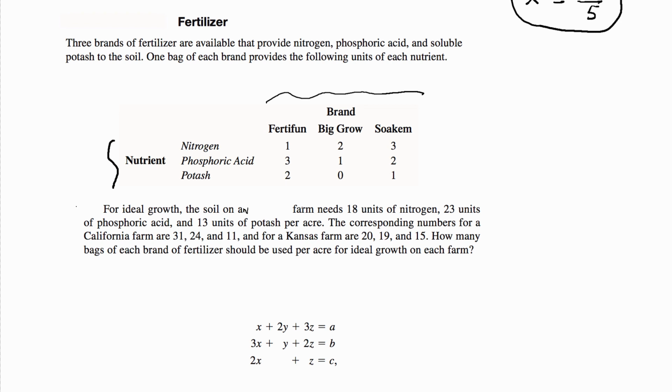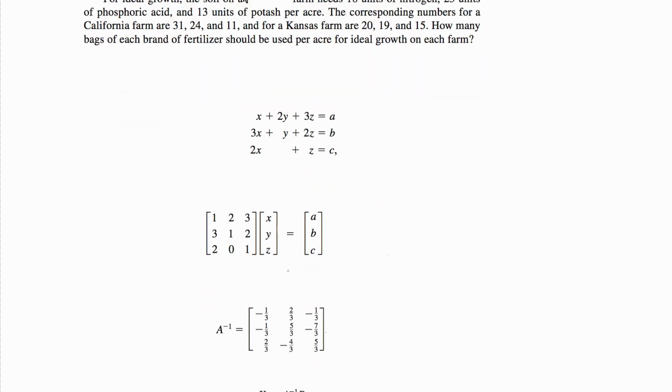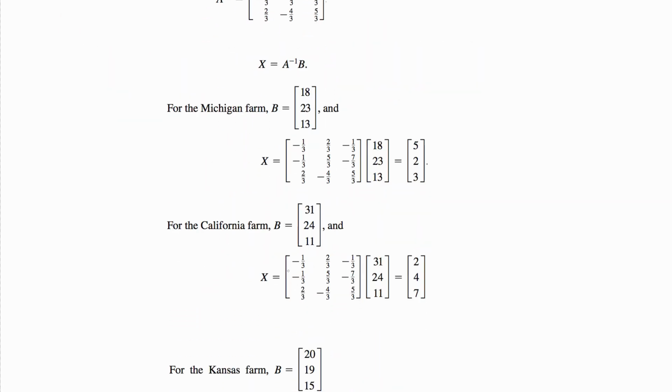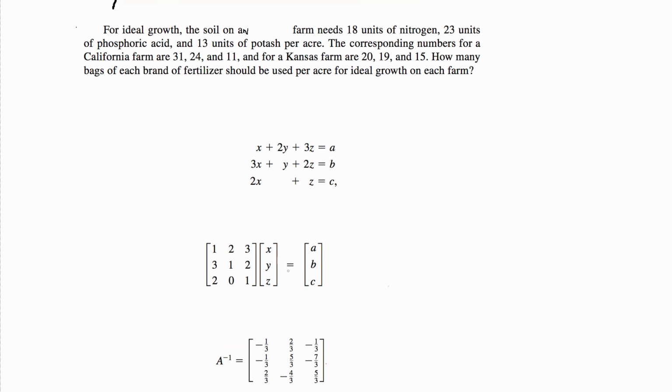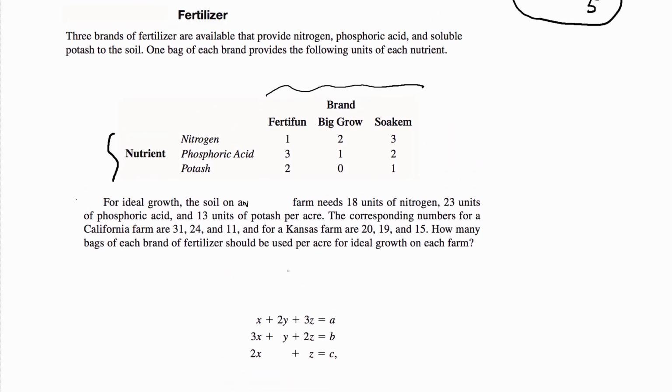But here's the deal: for ideal growth of soil, on a Michigan farm we need 18 units of nitrogen, 23 units of phosphoric acid, and 13 units of potash per acre.